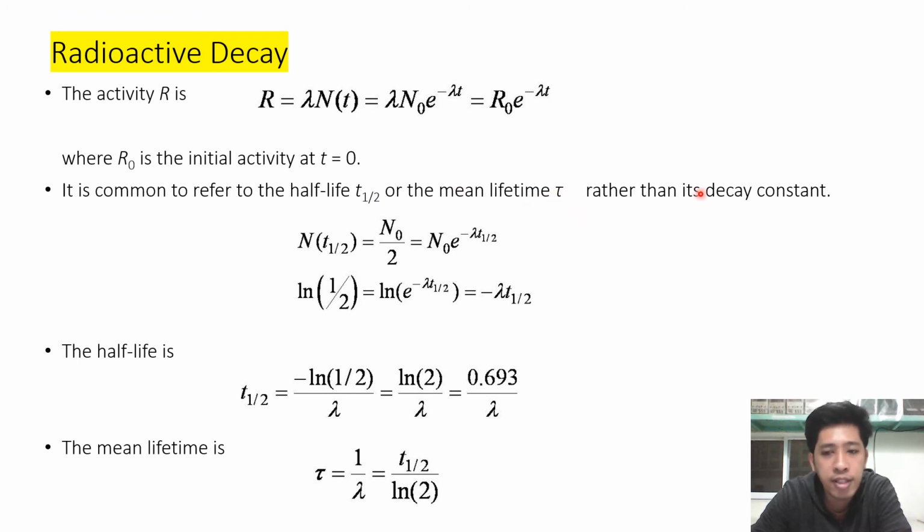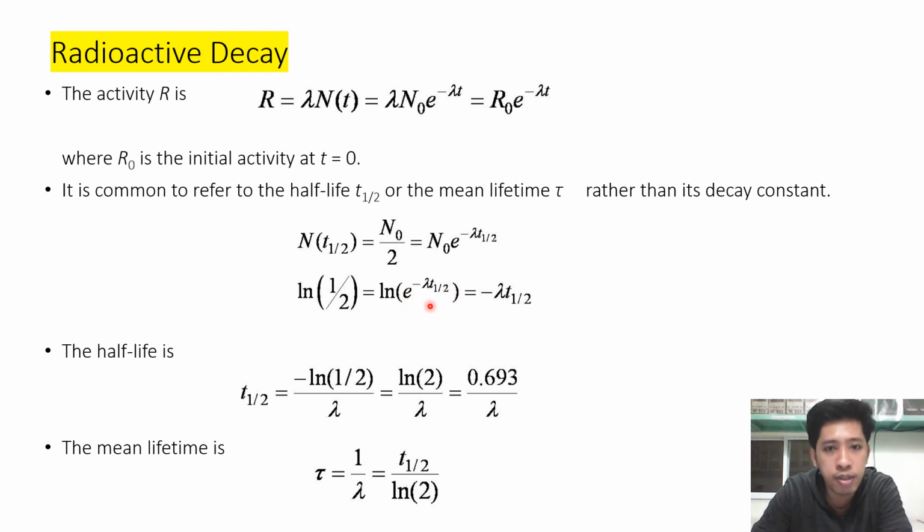The half-life is when the number of your radioactive nuclei is half that of the original number. So you have N at T1/2 is equal to N naught over 2, half of your original N naught. So you have N naught e to the negative lambda T1/2. And we take the ln of both sides. So ln 1/2 is equal to ln e to the negative lambda T1/2.